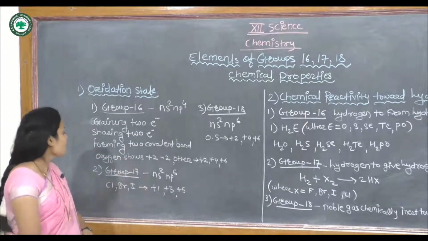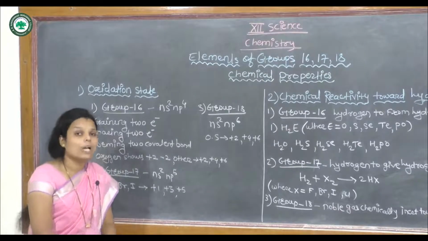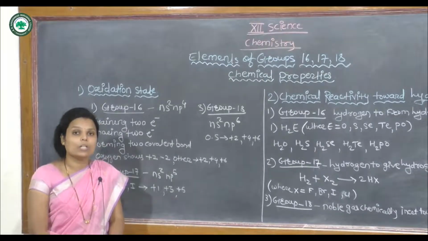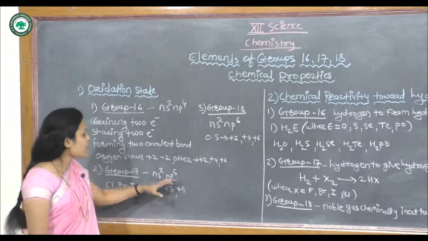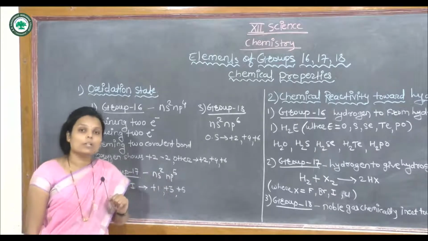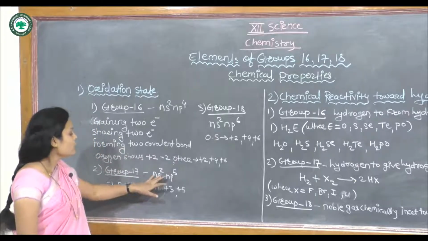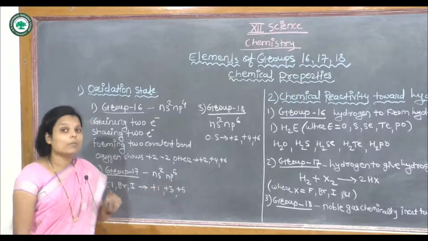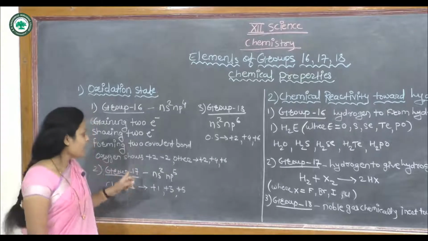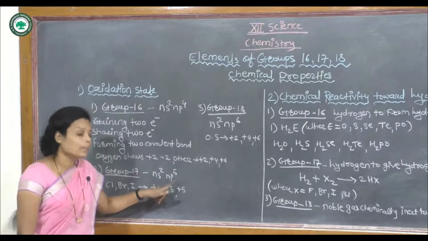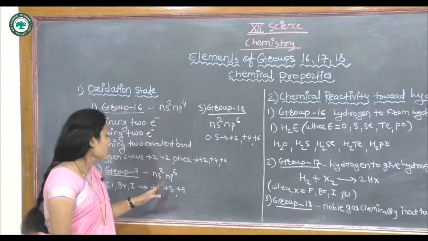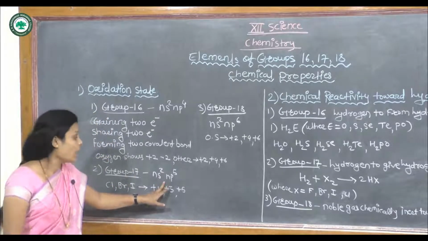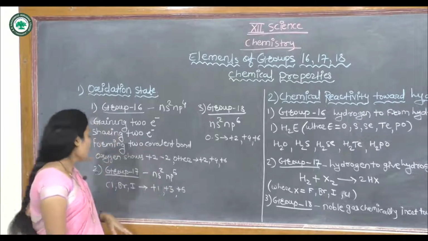Now the next group is group 17. We know that group 17 is called the halogen family, and is represented by the electronic configuration ns2np5. One vacant place for an electron is present in these group 17 elements, and that is why they show a number of oxidation states.